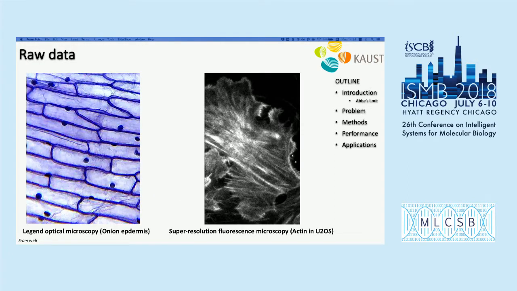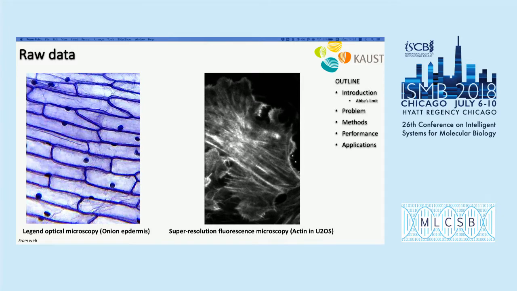So in principle, super resolution fluorescence microscopy still uses the optical microscope, but the output data is a little bit different from legacy optical microscopy, whose output is usually a static single image. For fluorescence microscopy, the output is a time series of images, that is a movie.